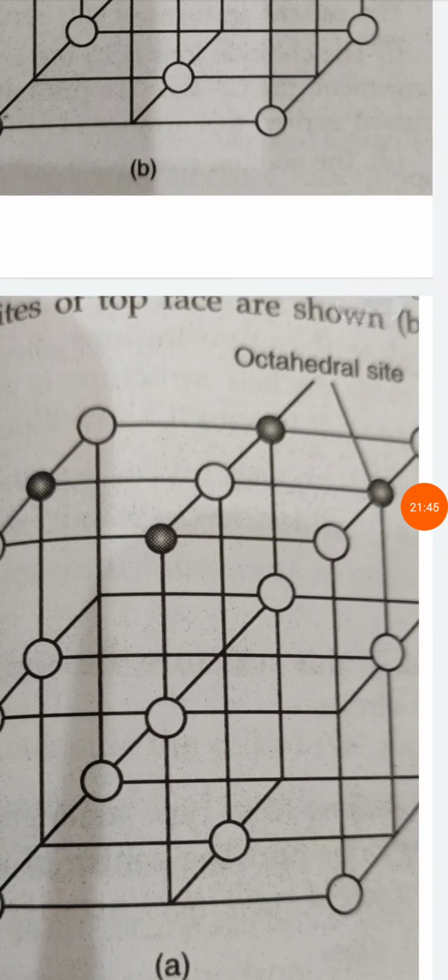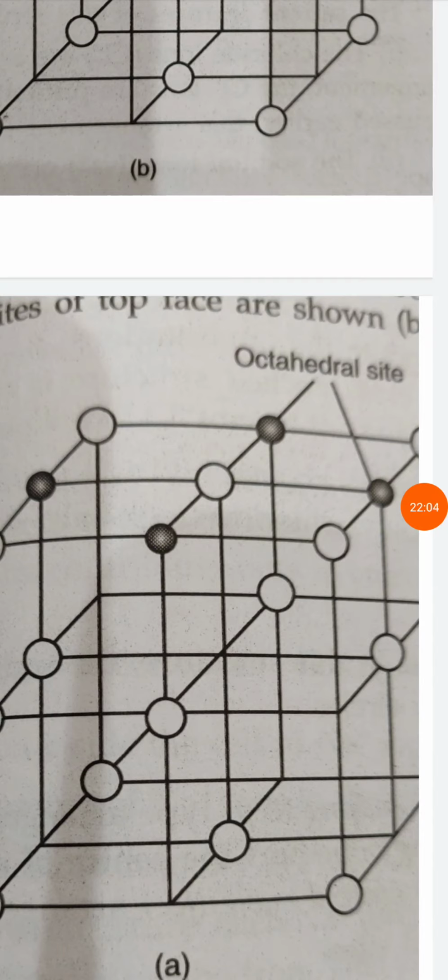The octahedral sites in the CCP arrangement are between the 2 anions. Obviously, they are at the center of every edge and in the body center. Only the octahedral sites of the top face are shown by dark spheres. The hollow spheres represent anions.